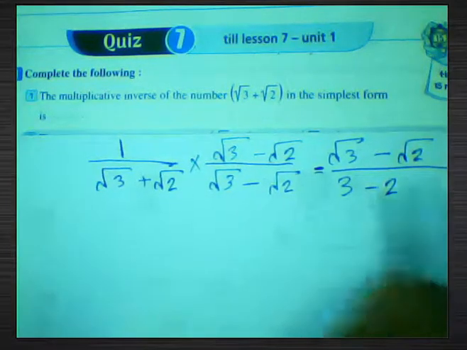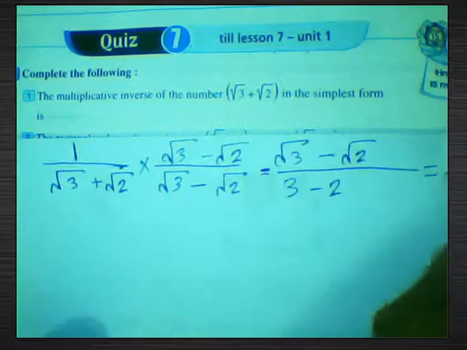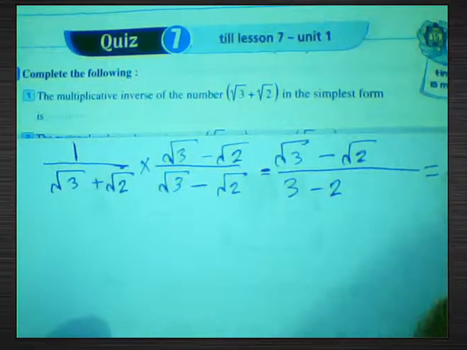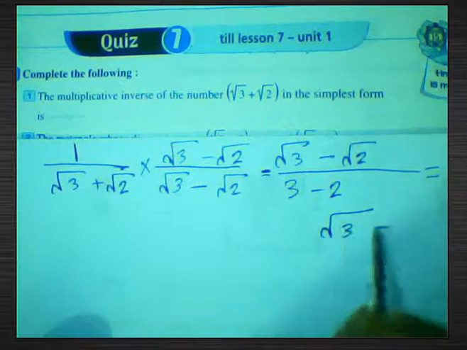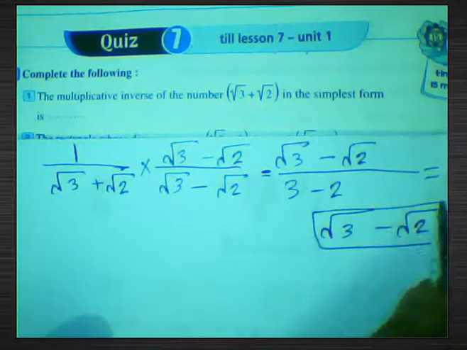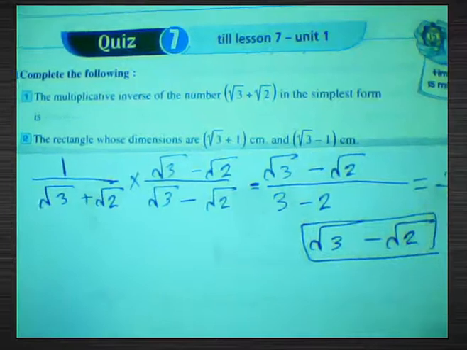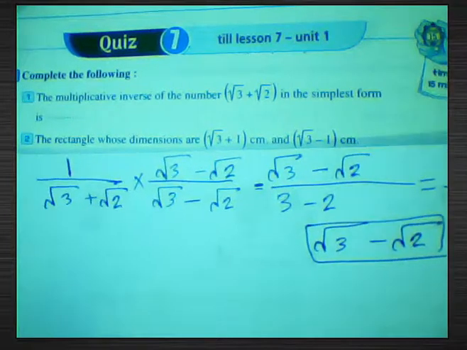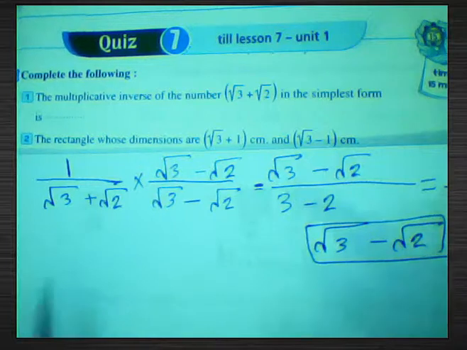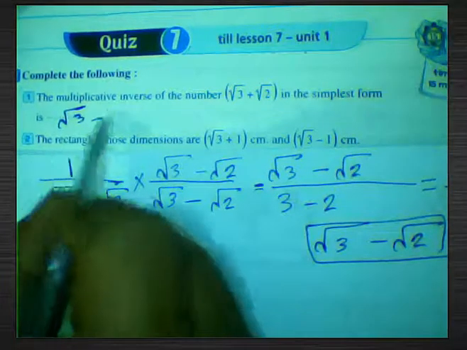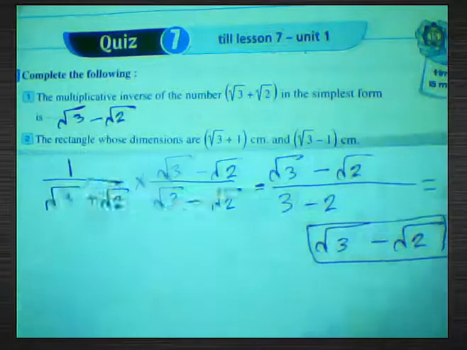The result will be square root of 3 subtract square root of 2 over 1, so the result will be square root of 3 subtract square root of 2. So the multiplicative inverse of the number is square root of 3 subtract square root of 2.